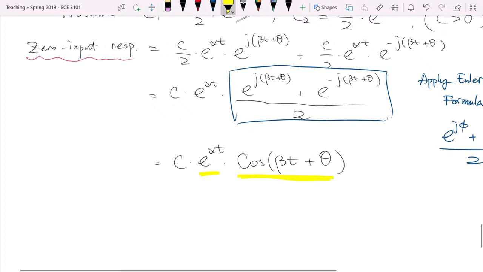Now, alpha, beta are known. They are the real part and imaginary part of your complex roots. The only thing you need to solve will be C and theta, left to be solved using initial conditions.